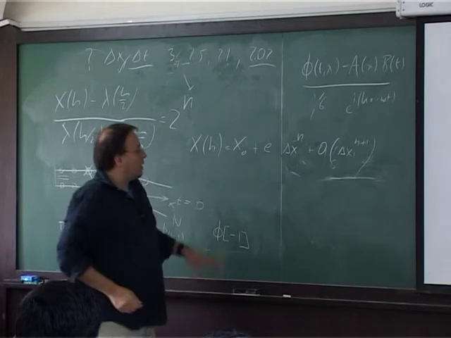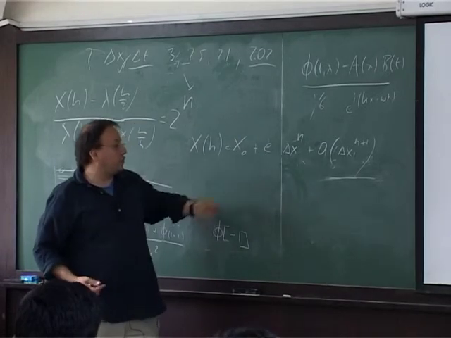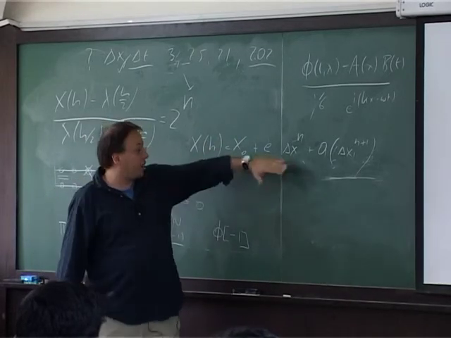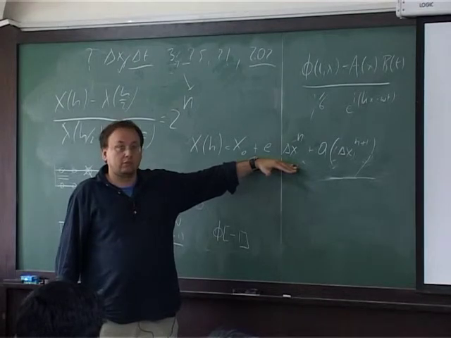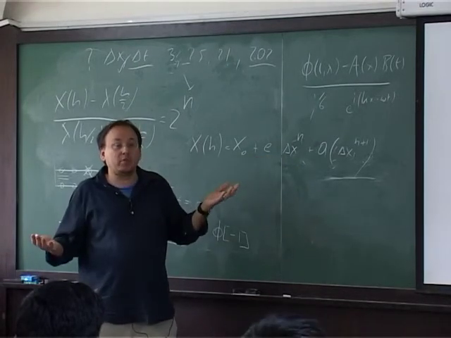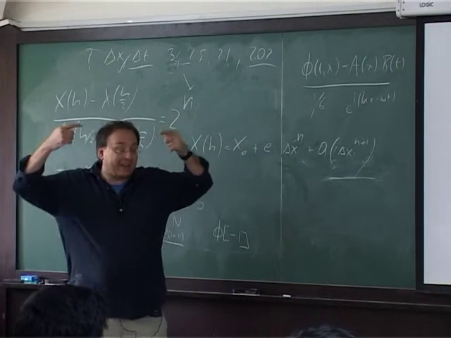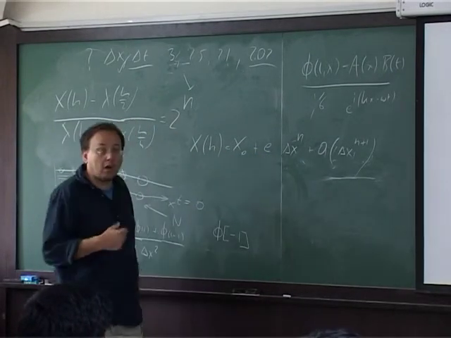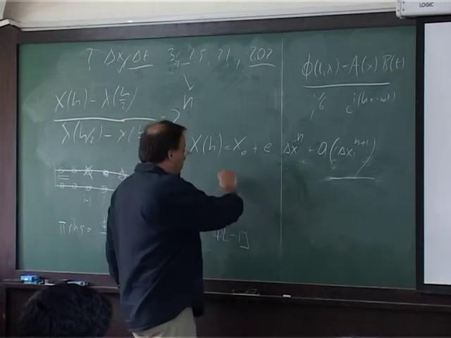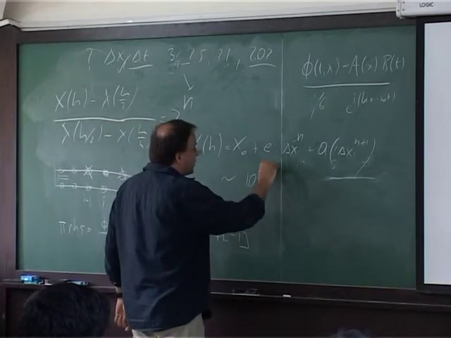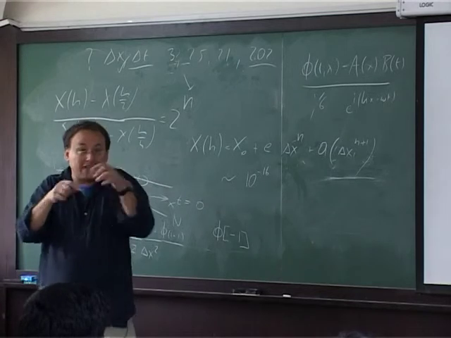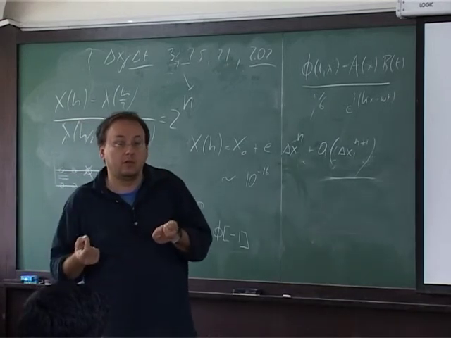So if your delta x is small enough, you have this approximation, but your delta x can't be too small, unless the error becomes on the order of 10 to the minus 16, where your numbers are too coarse to be precise.